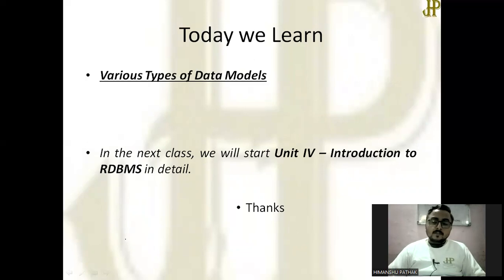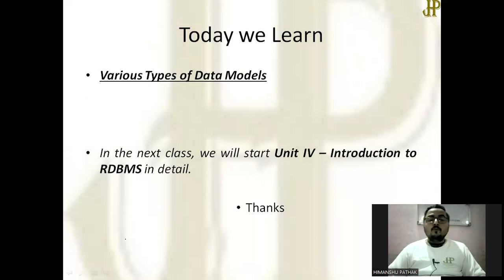Relational model is based on tables. Tables are the property of rows and columns. Rows mean records, columns mean attributes.